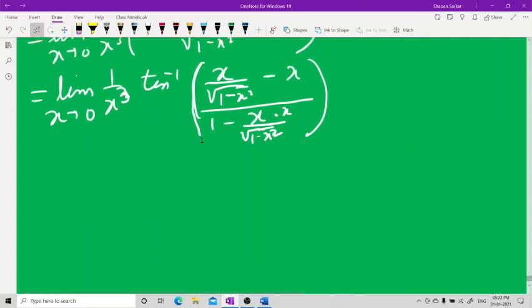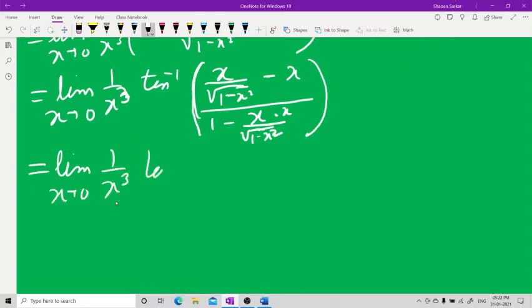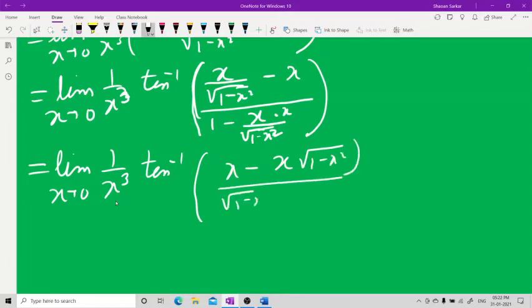See, now you take LCM. Here, this is equal to limit x tending to 0, 1 upon x cube, tan inverse, you write it very big, x minus x under root 1 minus x square, and then you have under root 1 minus x square upon... wait a minute, I made a mistake. This is okay, fine. You're taking an LCM only.